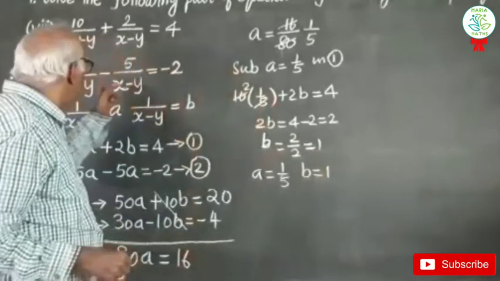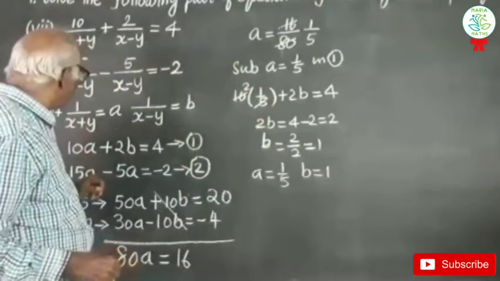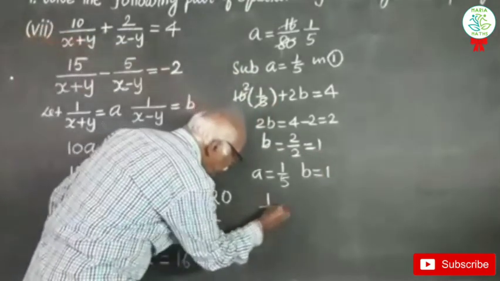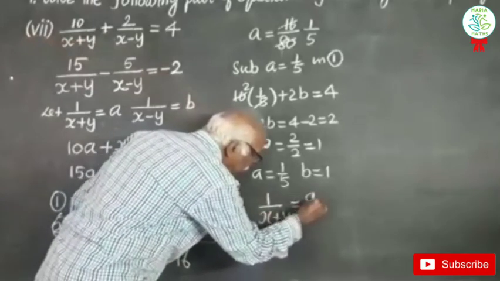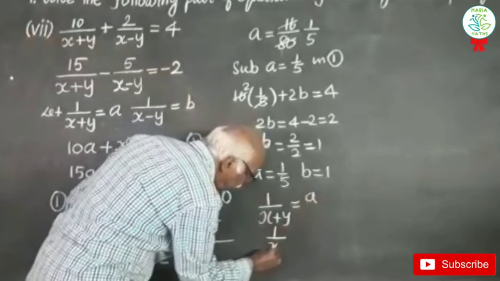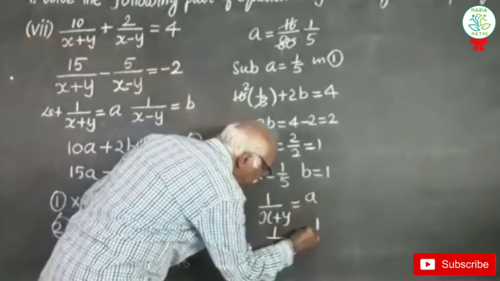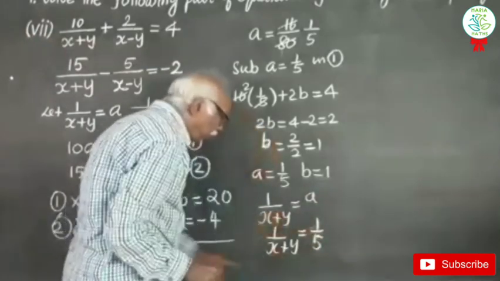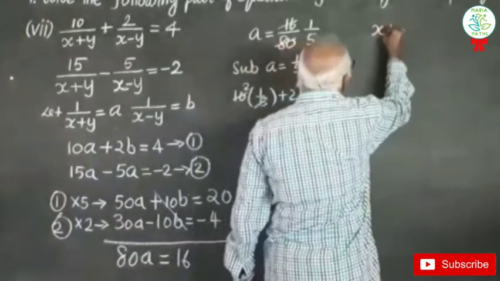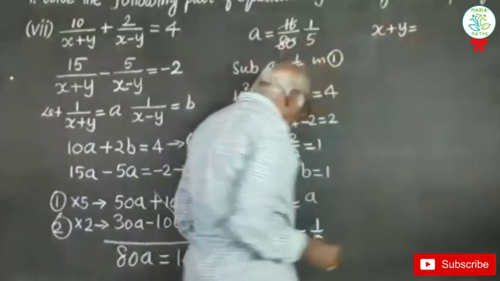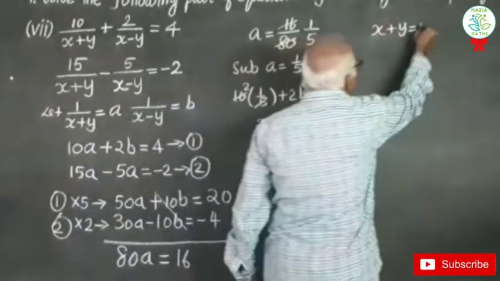Now we have to find 1 by x plus y equal to a. 1 by x plus y equal to 1 by 5. Now cross multiply. x plus y into 1, x plus y equal to 1 into 5, 5.